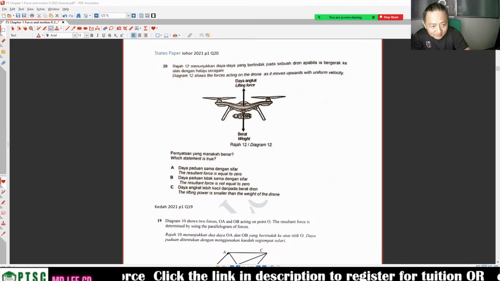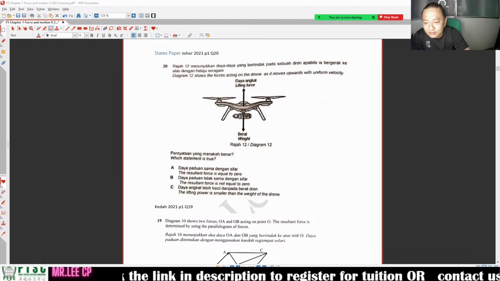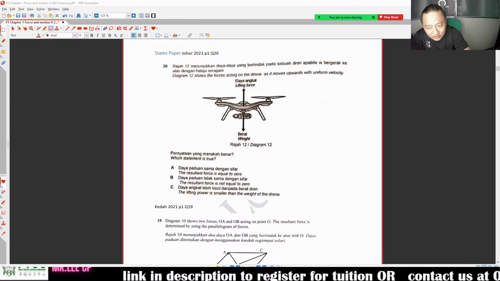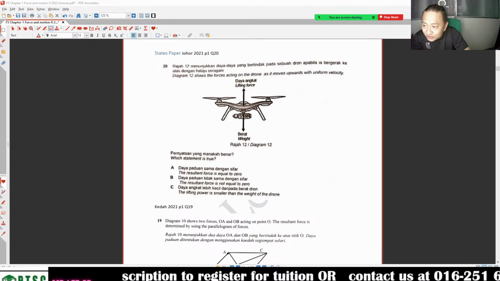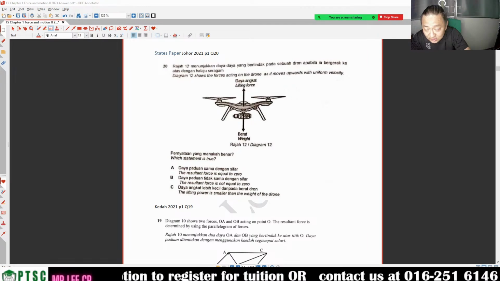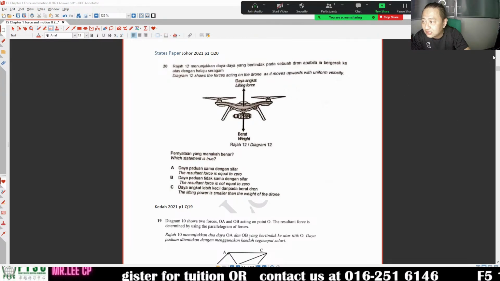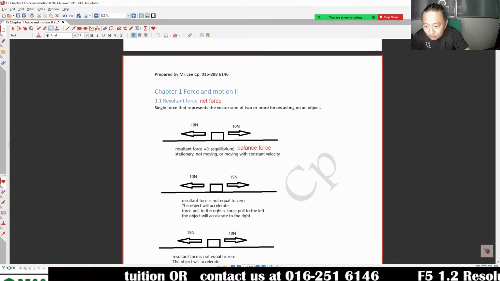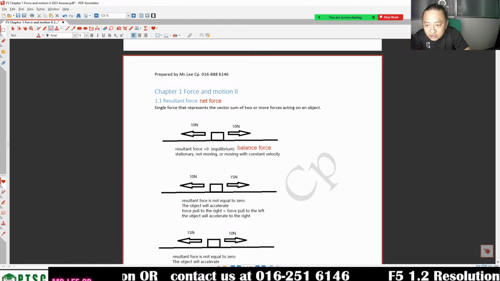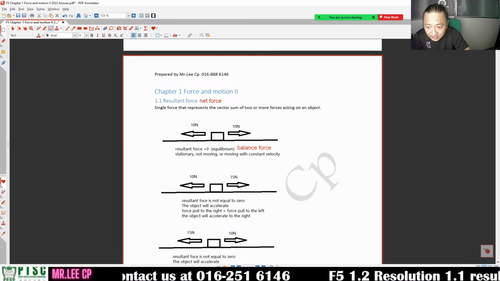So some of you said it is B. Now, B, not equal to 0, is wrong. Why? They said it is moving upward with uniform velocity. Stationary, not moving, or moving at constant velocity, left and right, it is the same.